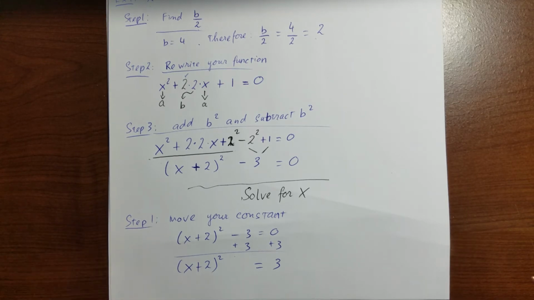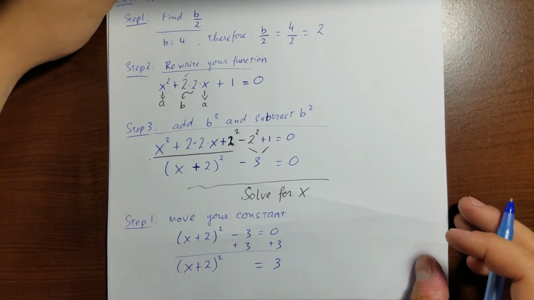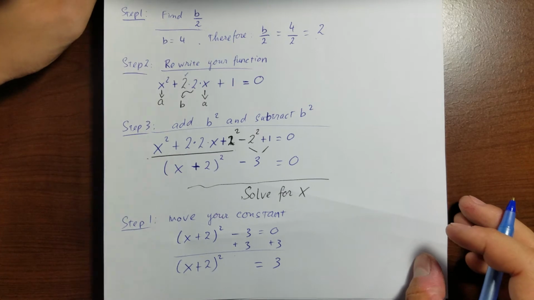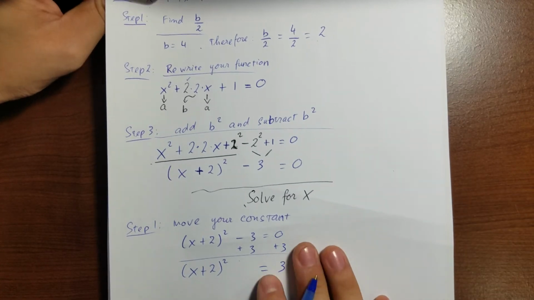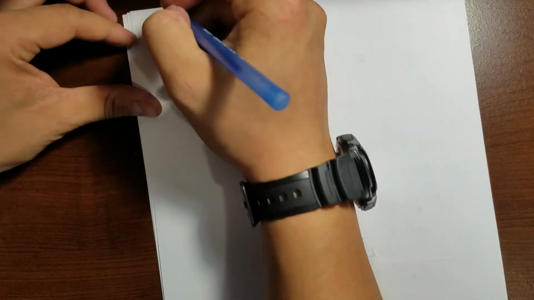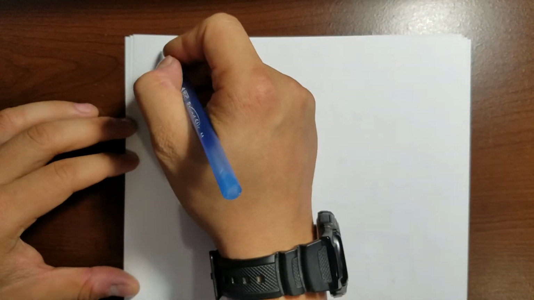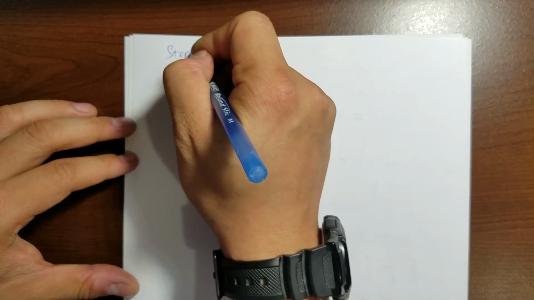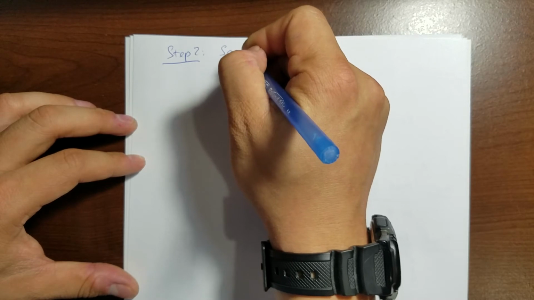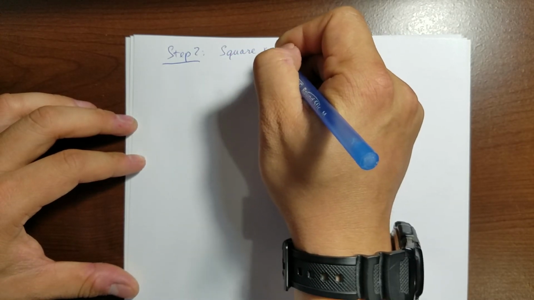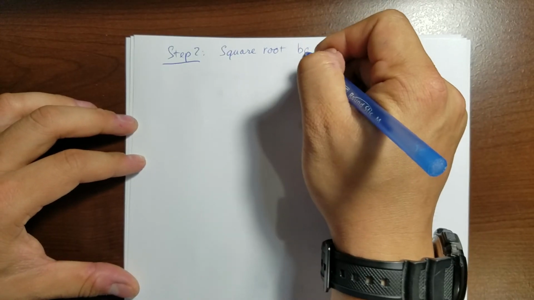Again, if I go too fast, feel free to pause the video and continue after you understand this thoroughly. Once you have this, let's go to step number 2. In step 2, you have to square root both sides.